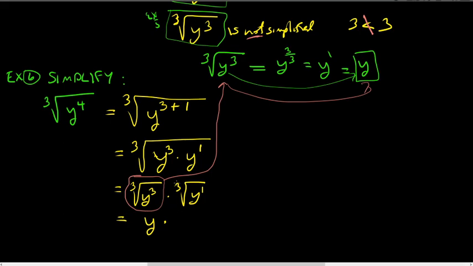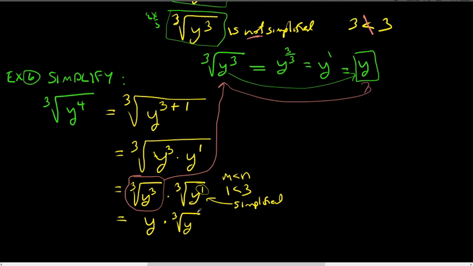Well, this is the cube root of y to the 1. The exponent here is 1. Remember, that's my m, and for it to be simplified, m has to be less than n. In this case, 1 is less than 3. So this is as simple as it gets. This is simplified. There's nothing wrong with the cube root of y because the exponent 1 is less than 3.